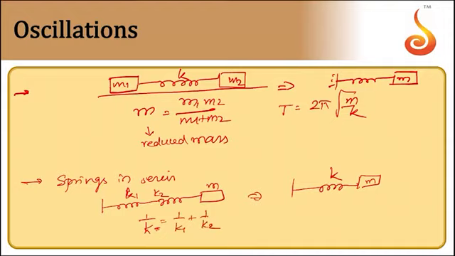If there are three springs, it becomes 1 by K1 plus 1 by K2 plus 1 by K3, etc. And the time period of oscillation is given by 2 pi root m by K. So, all these springs can be replaced by one spring whose spring constant is given by the equation as shown.